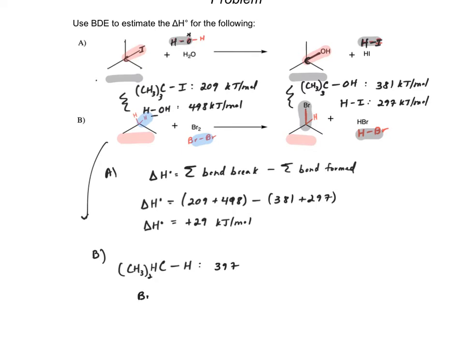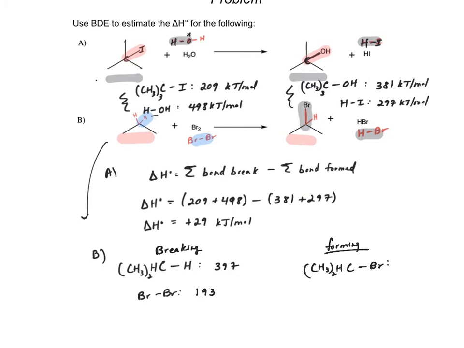And then we're looking at Br-Br. That has a bond dissociation energy of 193. And again, these are all in kilojoules per mole, right? So this is the bond that we're breaking. And then over here for forming, we're looking at a carbon to bromine that's got a hydrogen and then 2 methyl groups to the left, all right?